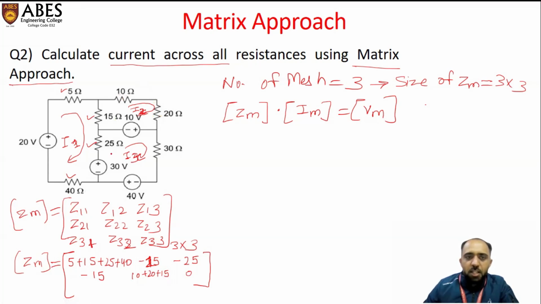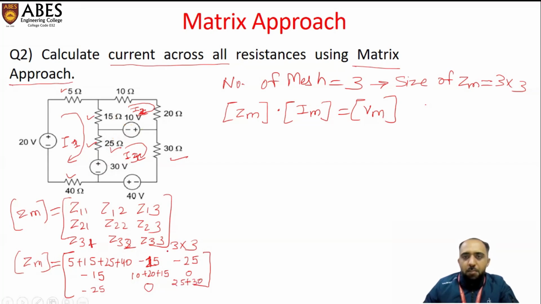Z31 means mesh 3 and mesh 1, minus 25 ohm. And Z32, what is the Z32 value? In between mesh 3 and 2, there is no common resistance. So 0. And Z33 means in mesh 3, count 25 ohm, 30 ohm. So 25 plus 30.